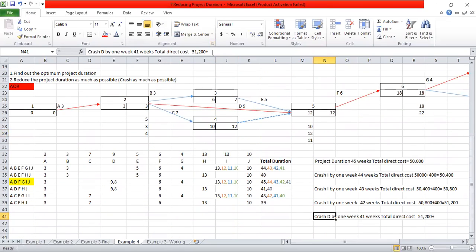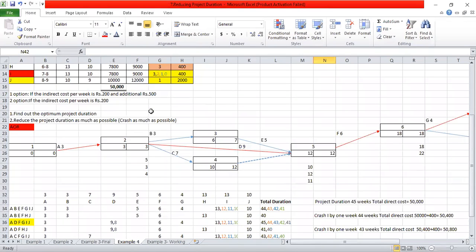So you have to add 450 here. After adding that value, your cost becomes 51,650.